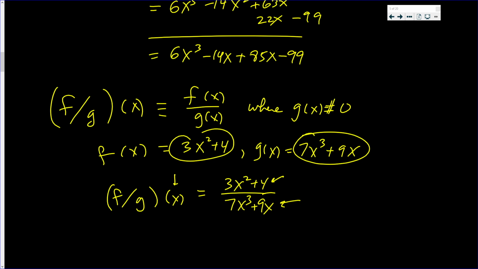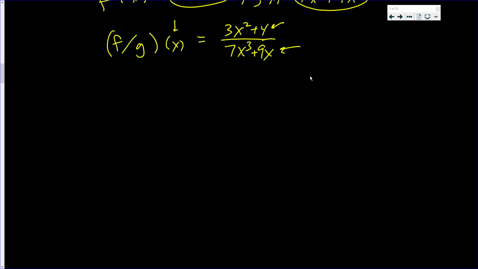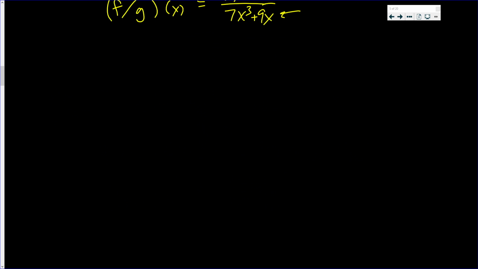Now, let's talk about domains. Let's talk about the domain. Suppose that f of x is 1 over 2x and g of x is equal to 3x squared plus 4x minus 1 over 2x.